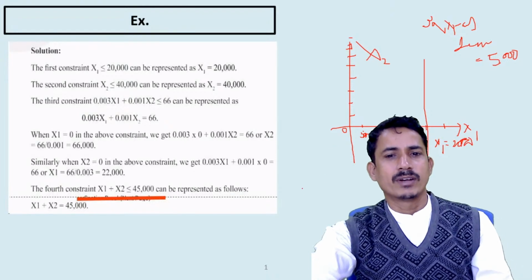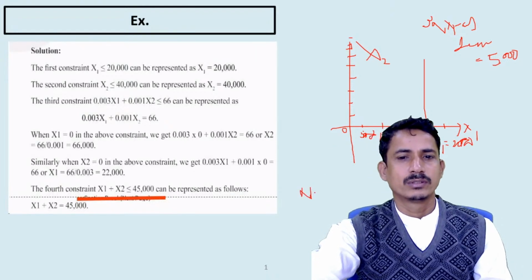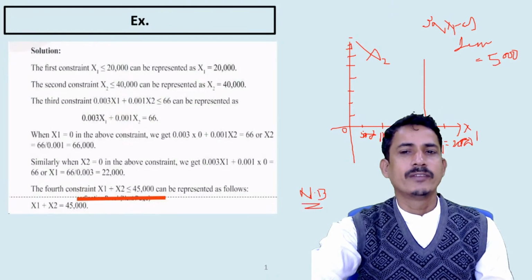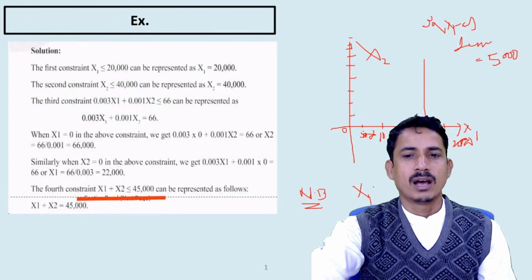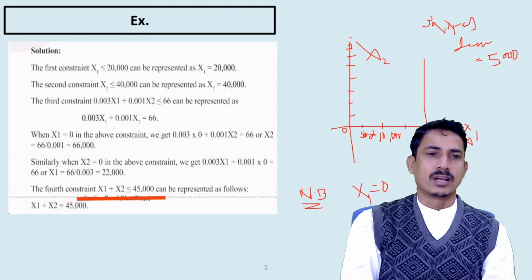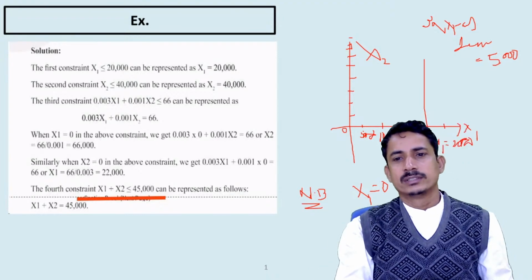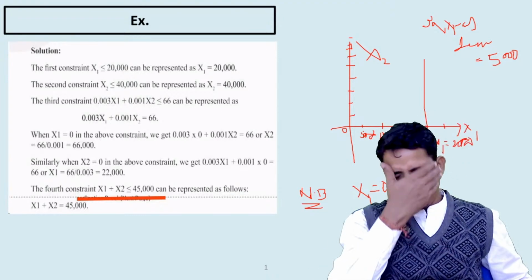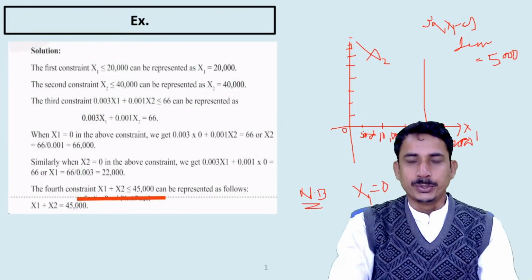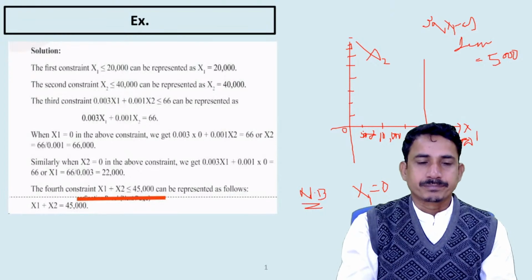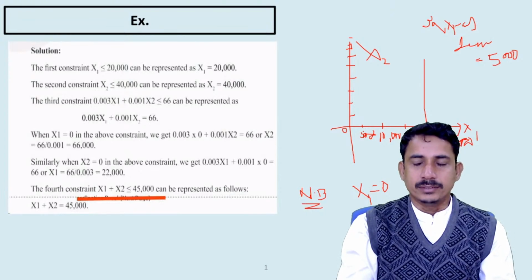Always remember in your notebook: all the values of x1 are 0 on the x2 axis, and vice versa, all the values of x2 are 0 on the x1 axis.